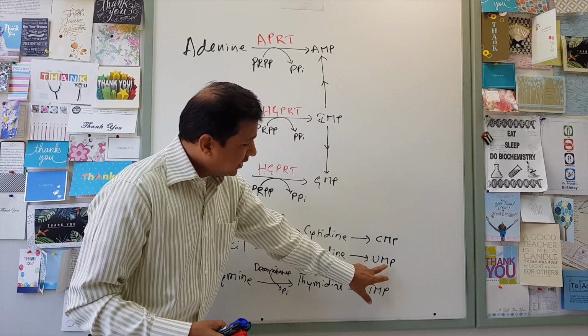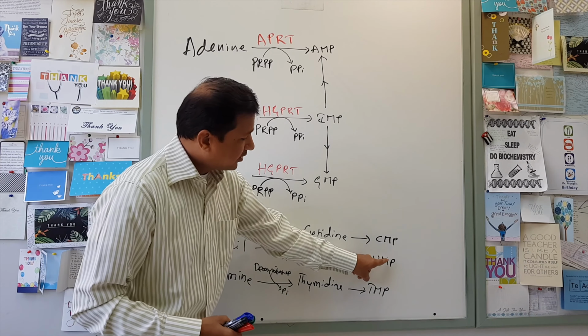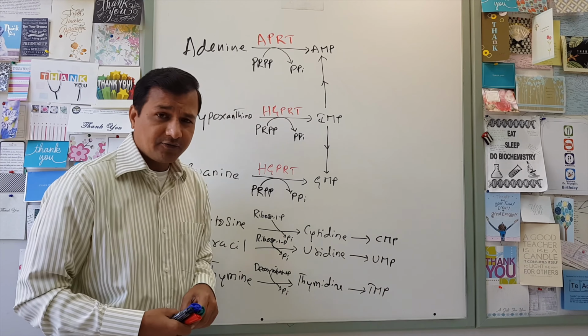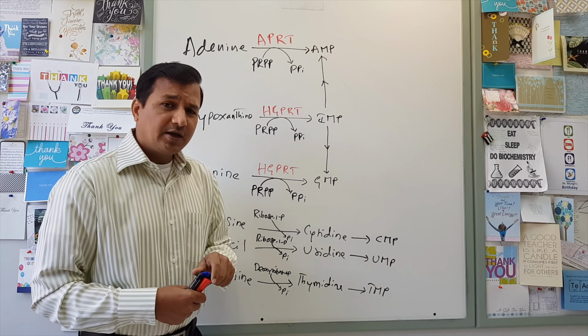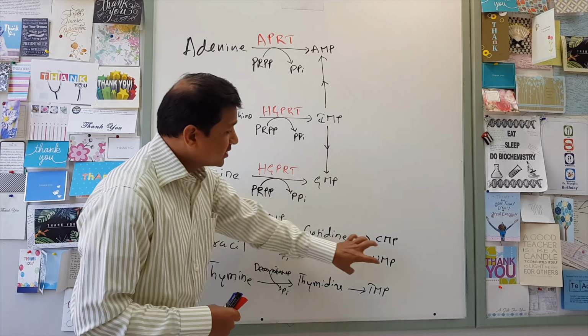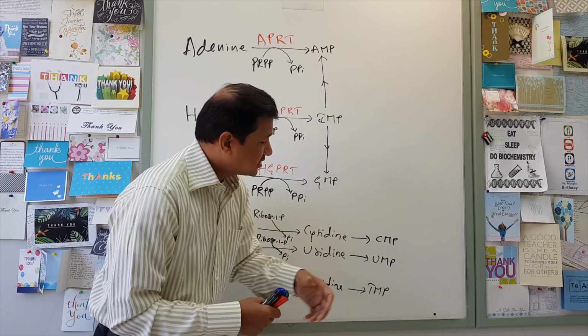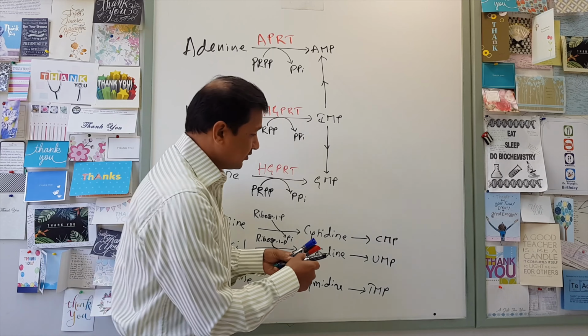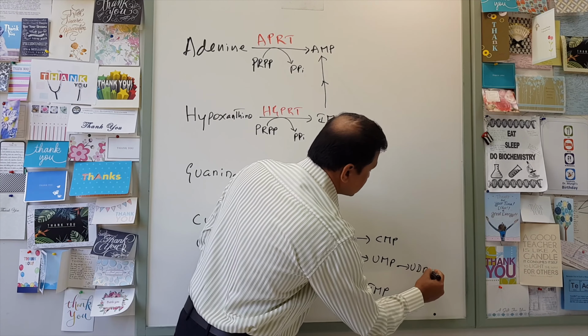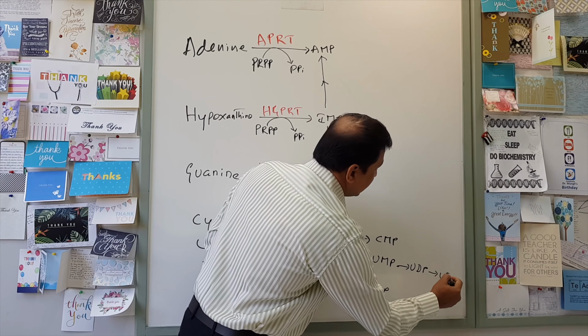Because once you make uridine monophosphate, you can still make cytidine triphosphate and thymidine triphosphate. You can take a look at my video on pyrimidine biosynthesis. The link is in the description below. Uridine monophosphate is the common molecule, which is further converted into uridine diphosphate and uridine triphosphate.